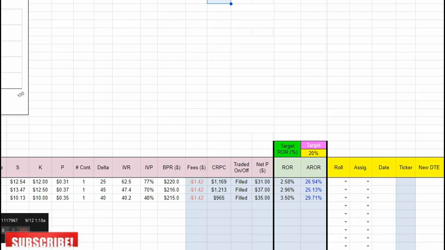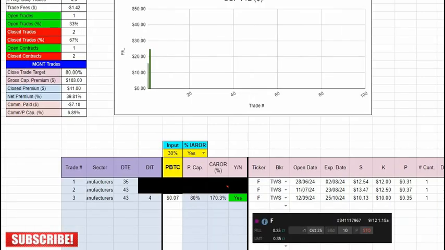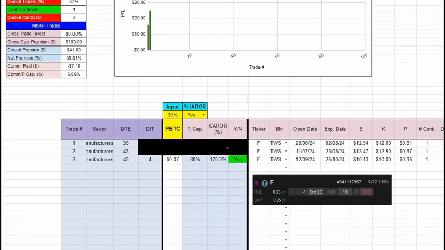Amazing. But what happened is, as you guys can see here, I have this trade here, which is ticker symbol F, of course, Ford. I opened the trade for 35 cents, which is here on our spreadsheet cell. We have one contract that we sold here, which is here.